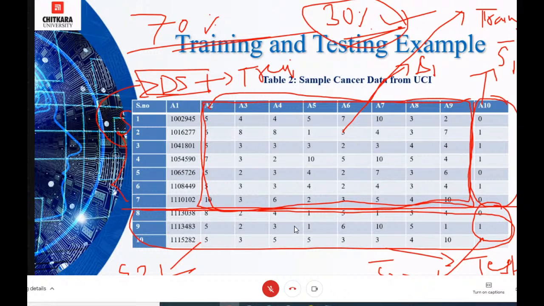Model means any machine learning algorithm. So we input this particular part, A2 to A9, as the training sample to the model, and it predicts some value. Okay. This particular model is trained.